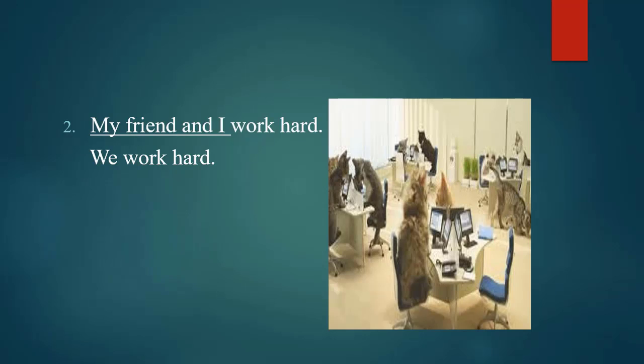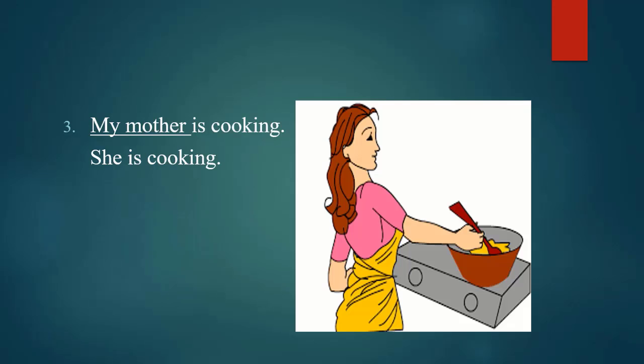Our next sentence is my friend and I work hard. इस सेंटेंस में एक से ज़्यादा लोगों की बात हो रही है. So, pronoun will be we and our sentence will become we work hard. Our third sentence is my mother is cooking.